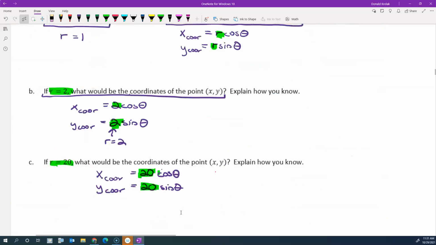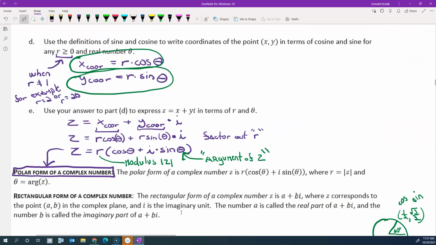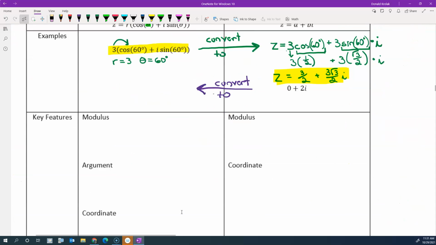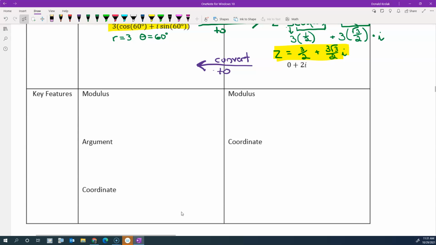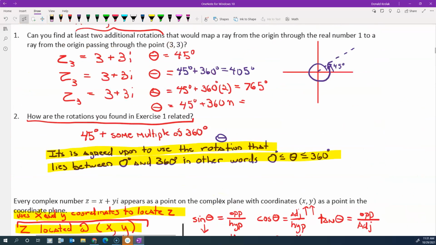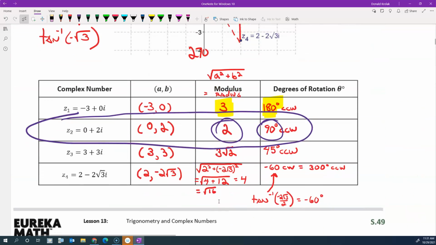Okay, so if I want to convert this, from our table, we know r is 2, and we know the angle was 90 degrees. Okay, so the way I got the 2 and the 90 was from the very first page. Right there. 2, 90.